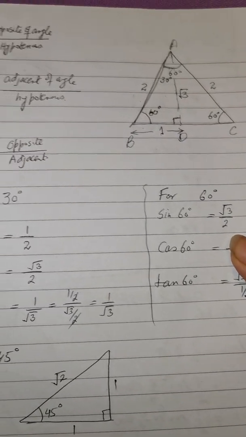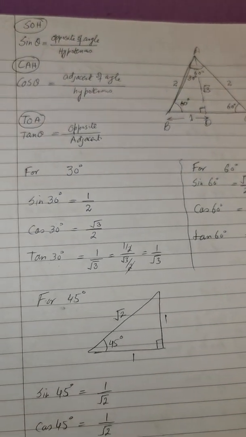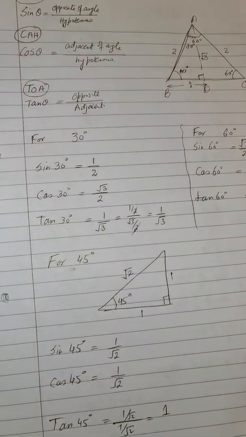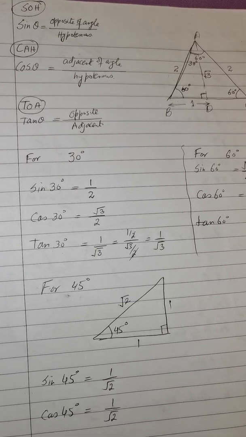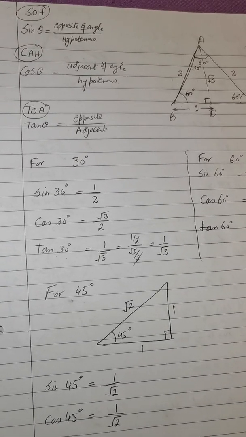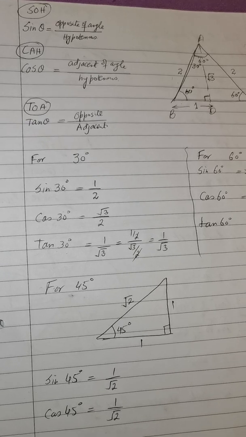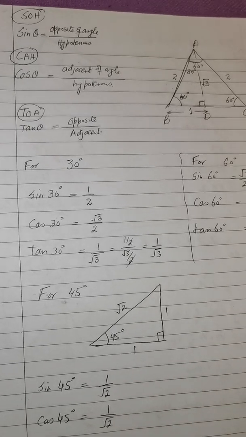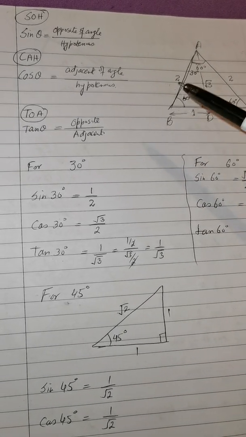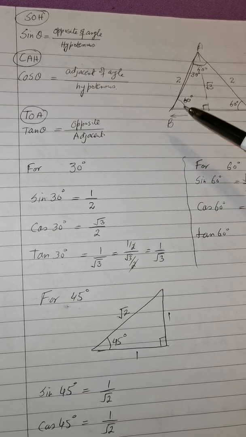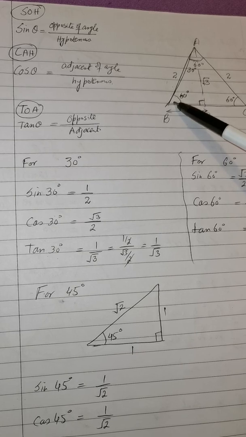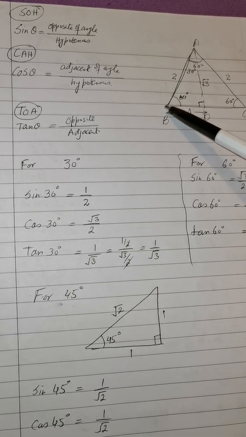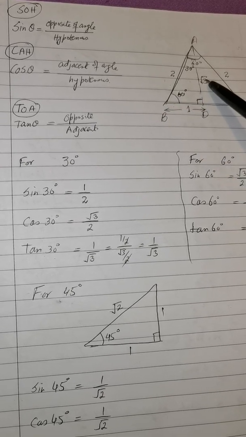These things are very important when you are considering the values of angles. Always remember that sine theta is equal to the opposite of the angle divided by hypotenuse. When you consider the 60 degree angle, the opposite of this angle will be root 3.